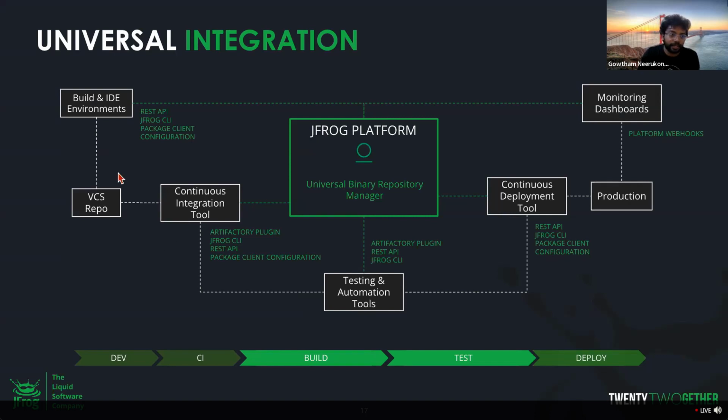For example, here, the white dotted lines represent your regular CI/CD workflow, whereas the green dotted lines here represent the universal integration that the universal binary repository manager is performing here. And these integrations can be through REST API, can be through JFrog CLI, or a native package client that the given packaging technology offers.